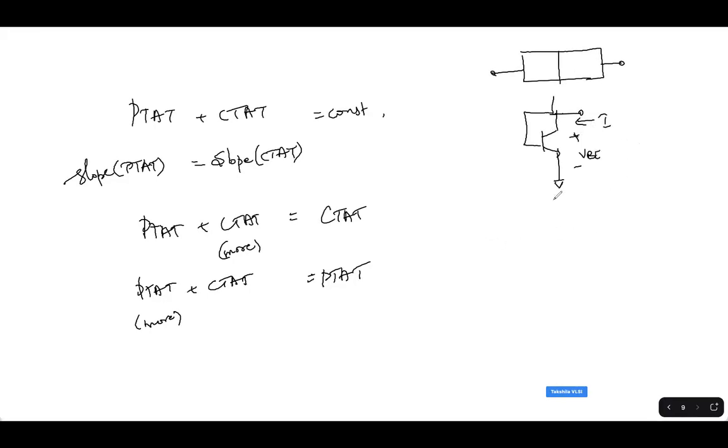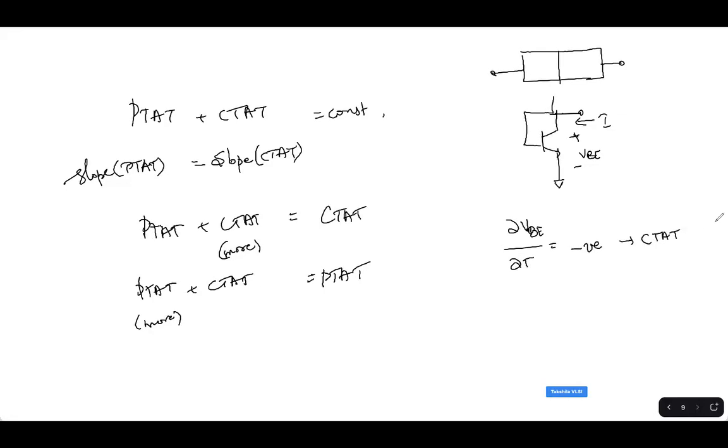For a fixed current, del VBE by del T, in other words the slope that we are talking about, is observed to be a constant negative slope, or in other words, a CTAT slope.